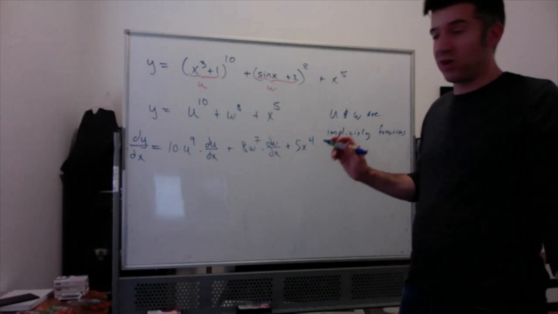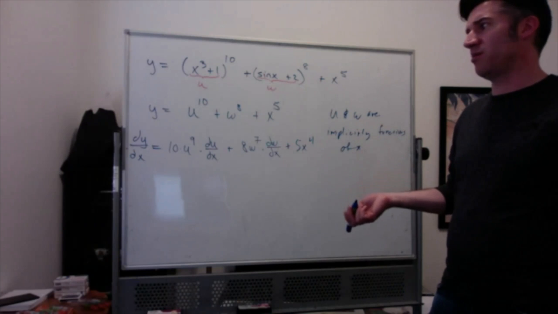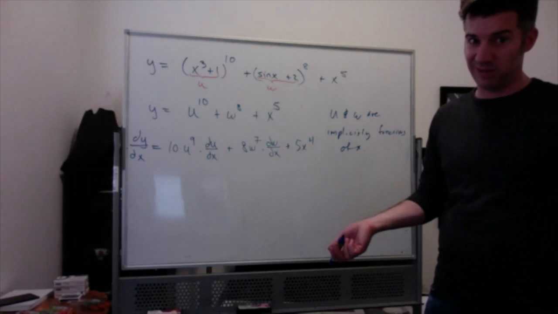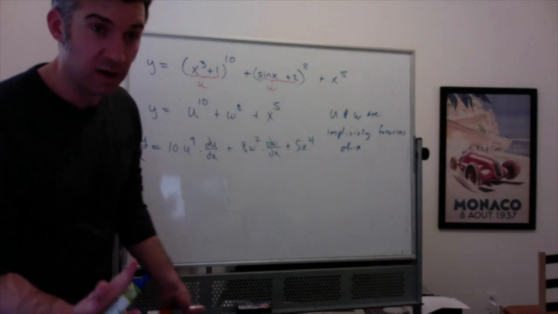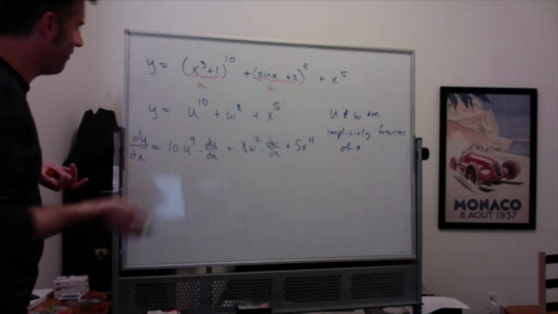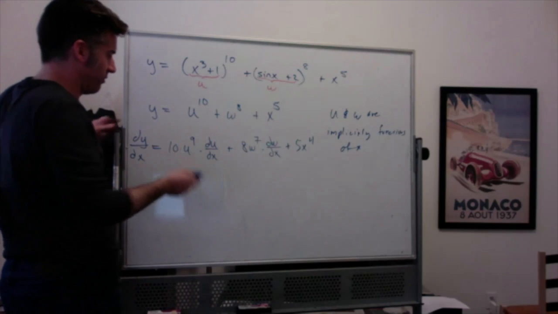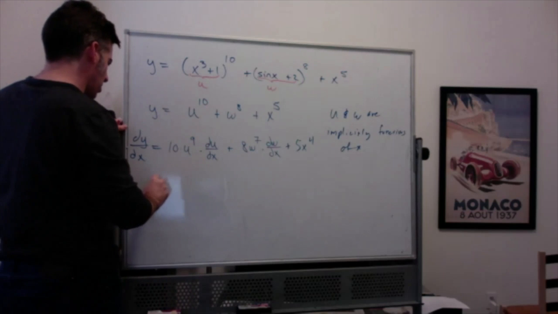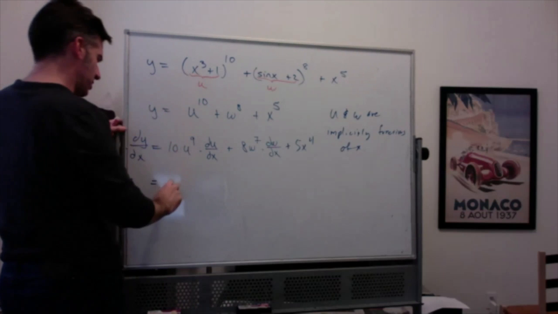But now we're going to go back. I really want my answer to actually just have x's in it. It's not always going to be possible, and sometimes we're stuck with these other things, but I would love for my derivative to have the original variable. So I can plug back in that u is actually just x cubed plus 1.